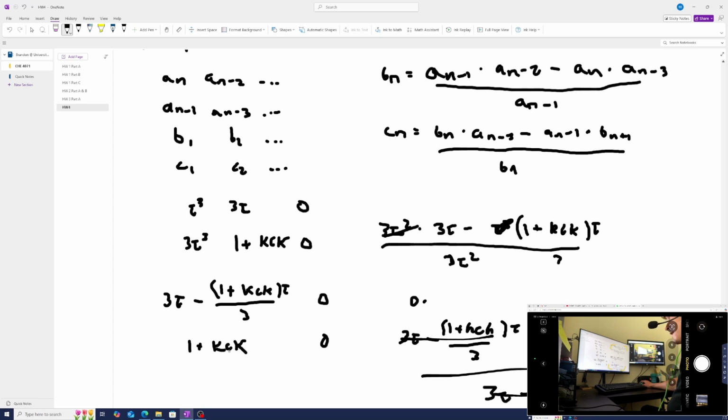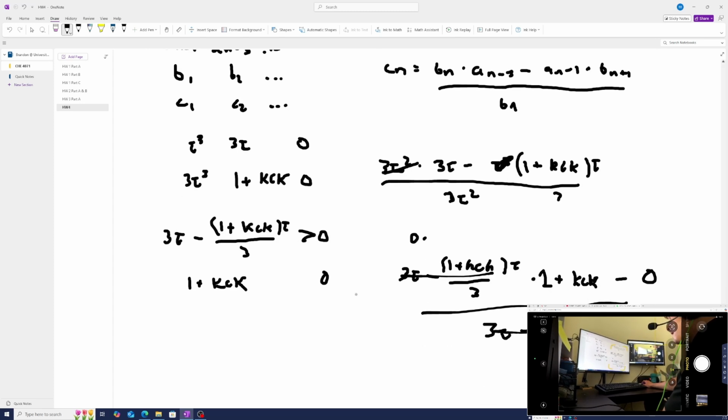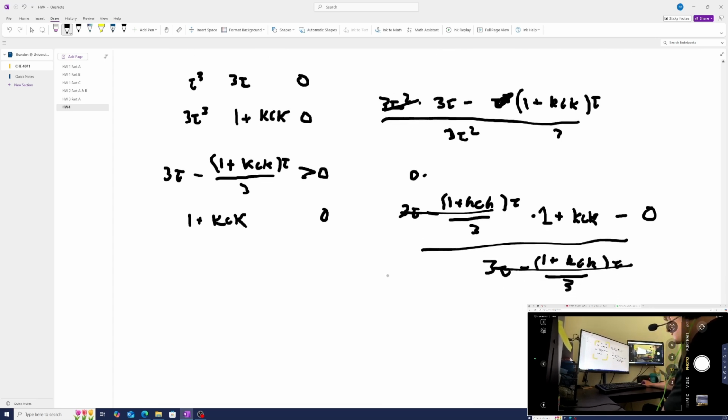So we know that our 1 plus kck will always be positive, which leads us to the conclusion that our 3 tau minus (1 plus kck) times tau over 3 must be greater than 0 in order for no sign changes to occur, meaning our system will be stable.